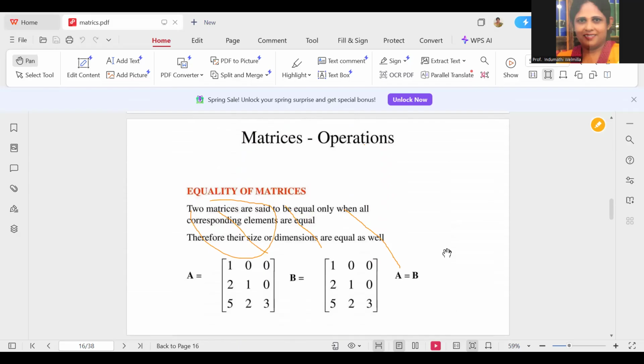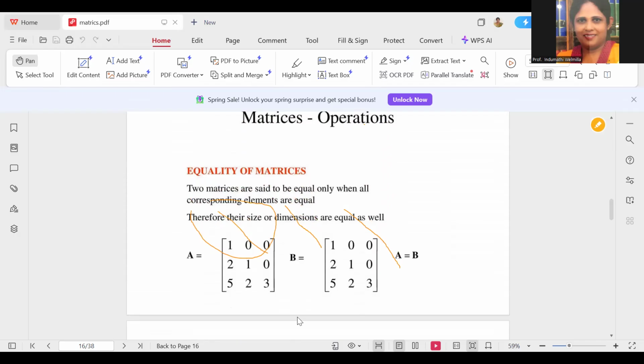Then we can move to this one. First I will delete my drawings. So, equality of matrices. Two matrices are said to be equal only when all the corresponding elements are equal.